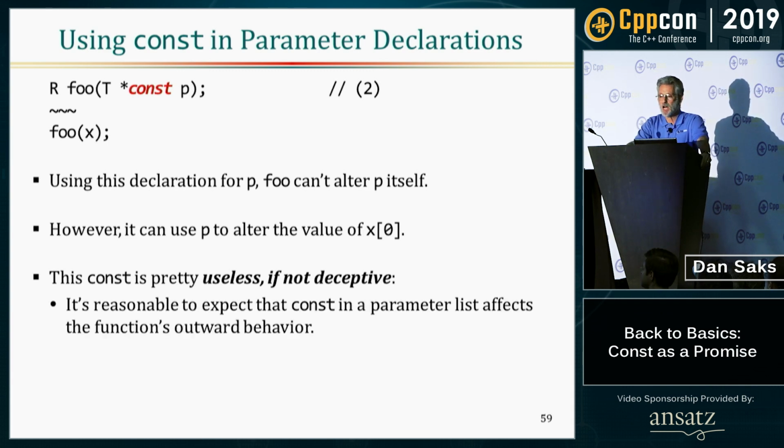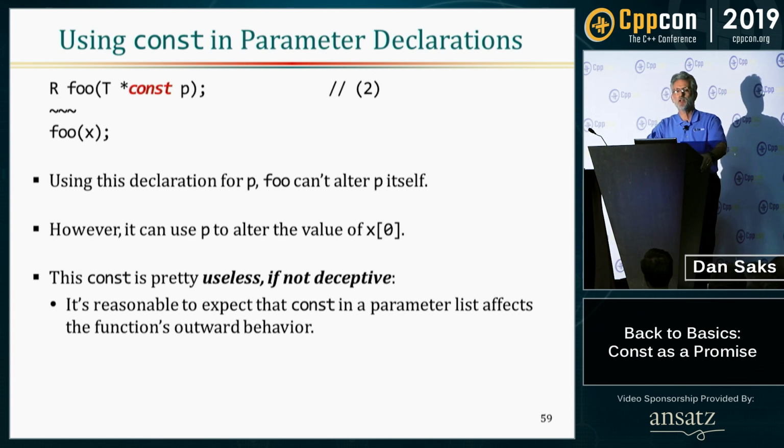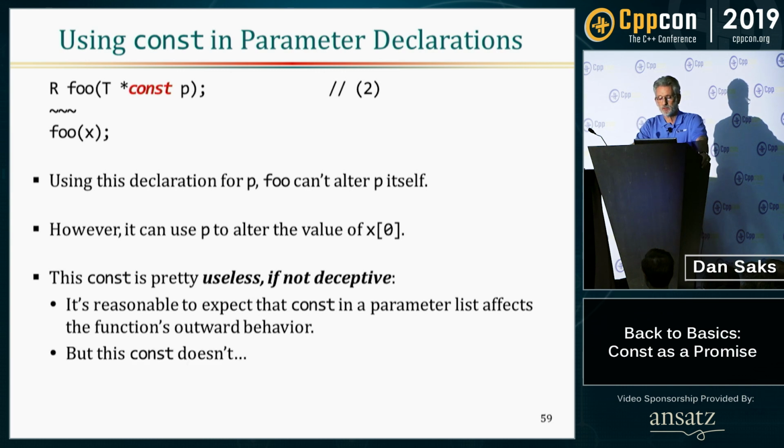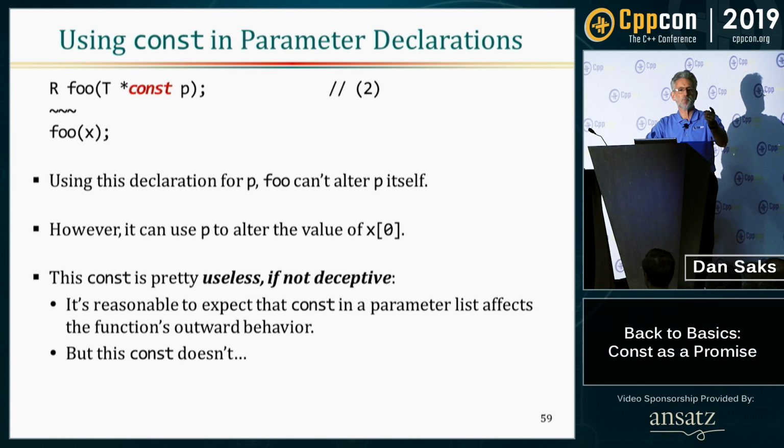Because I think when you're looking at the declaration of a function and you see a const there, most programmers are going to say, I want to know what you're going to do with my data. I'm handing you some data. What are you going to do with it? And what does this const say? This const basically says that I am going to take the copy of the address of your data and I promise I won't change it.